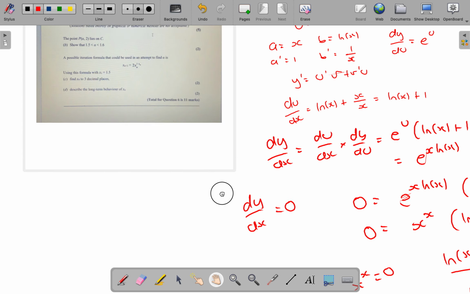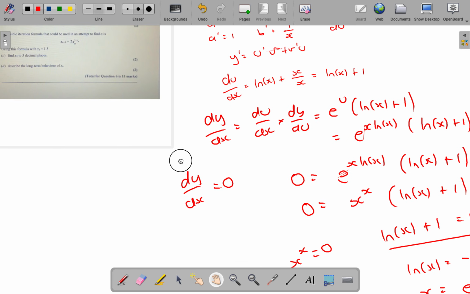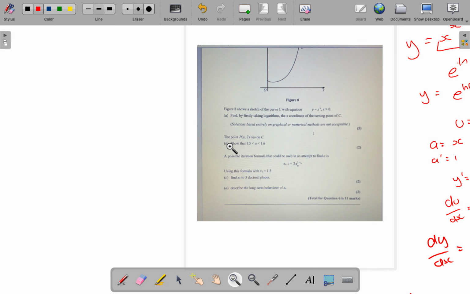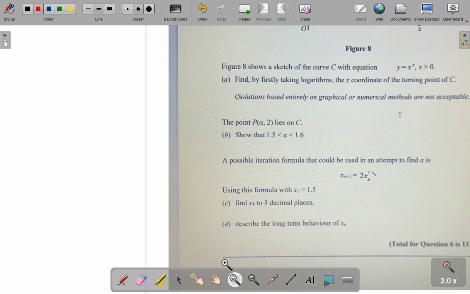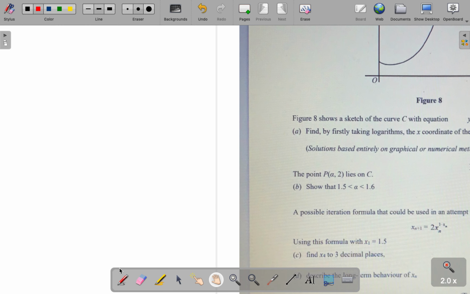So this was your answer to part A. For part B, we've got the point P, (A, 2), lies on C. Show that A is between 1.5 and 1.6. This one is nice and easy. It's a bit of a trick question. You just need to show this with a very simple equation. All we've got here is y equals x to the power of x, and then we just sub in some values.